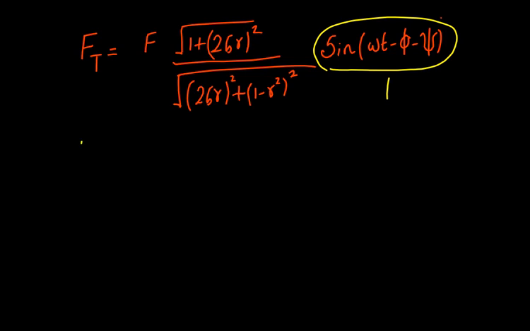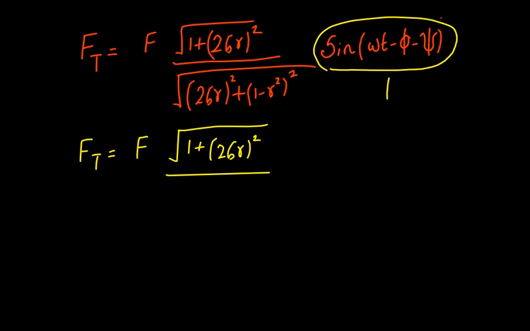So the final expression for the force that is transmitted is given by capital F into square root of 1 plus 2 zeta r the whole square divided by square root of 2 zeta r the whole square plus 1 minus r square the whole square. That is the maximum force that is transmitted to the foundation. So it's going to be Ft maximum.